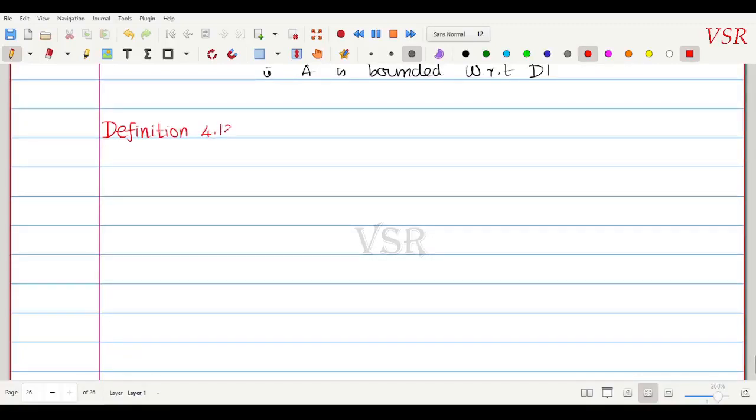4.13. Okay, let f be a function. Let capital X be a metric space and E be a subset of X. E அப்படிங்கிற ஒரு non-empty subset எடுத்துக்கிறேன்.